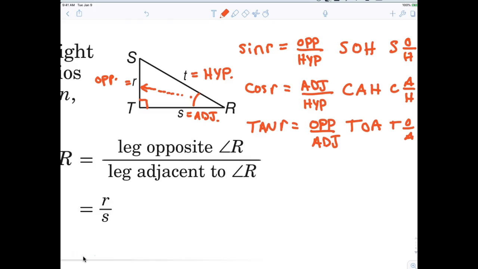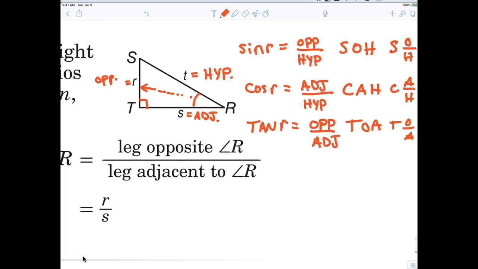Some of you have in the past heard people say it as a word. That's just the word that helps you identify the relationship between the trig functions. So you're going to identify that sine is the opposite over the hypotenuse, cosine is adjacent over hypotenuse, and tangent is opposite over adjacent.